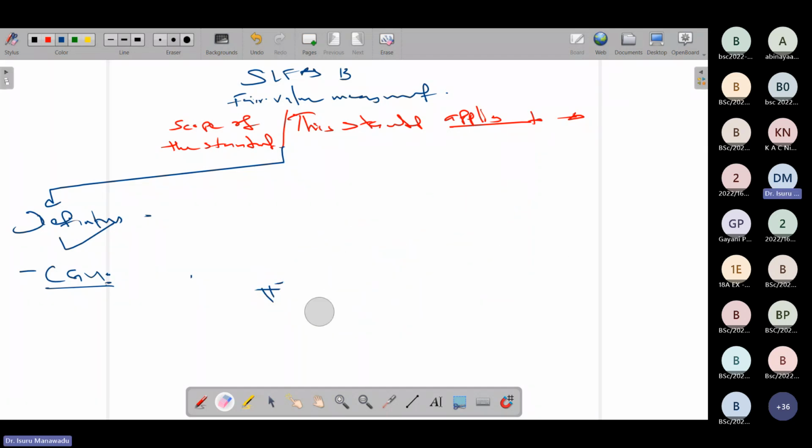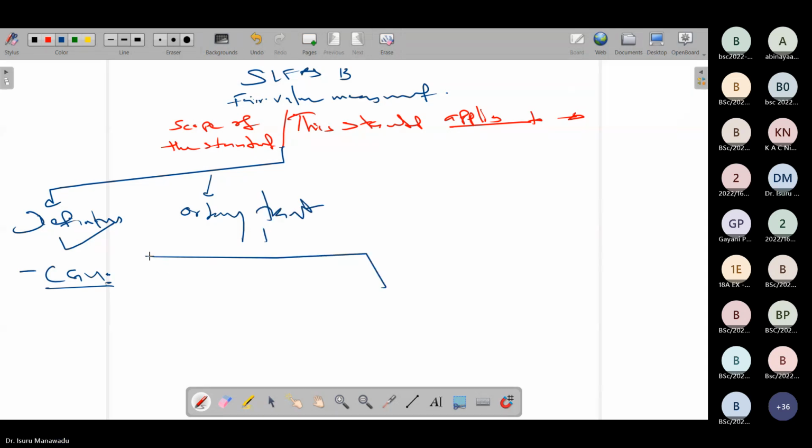Under orderly transaction, markets: principal, most advantageous market.